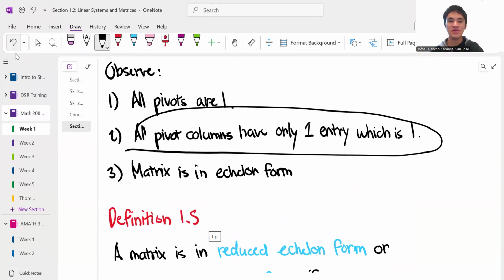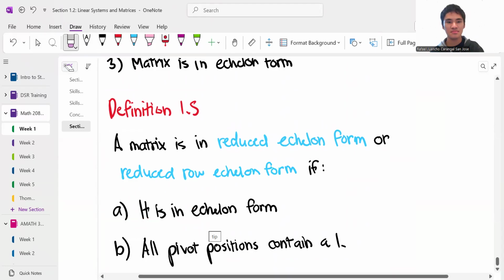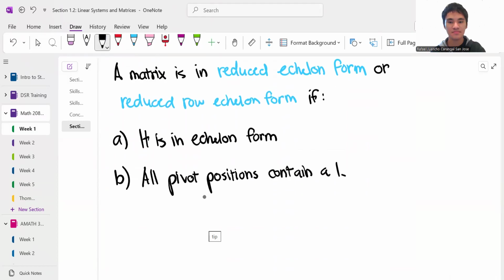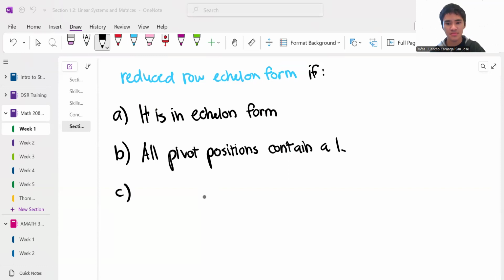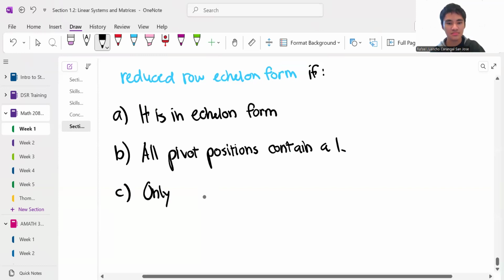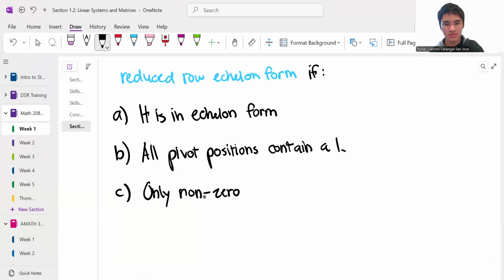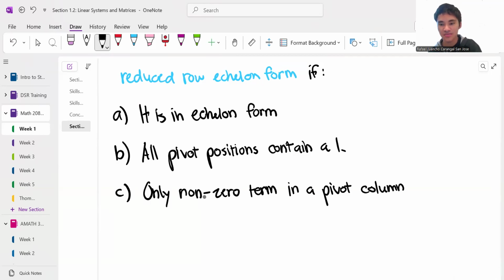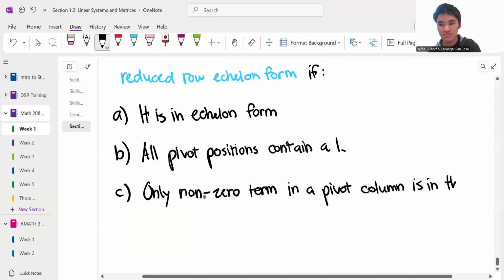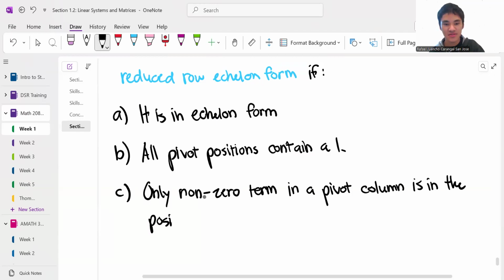All pivot columns have only one entry, which is 1. Okay. And then the last property: the only non-zero term in a pivot column is located in the pivot position. And that checks out our observation 1.